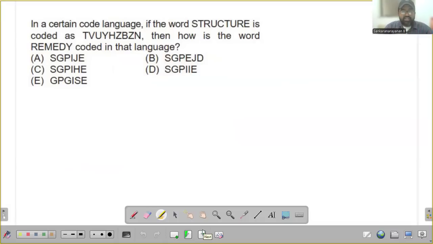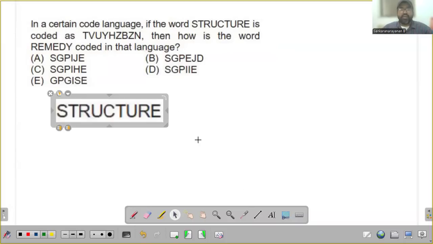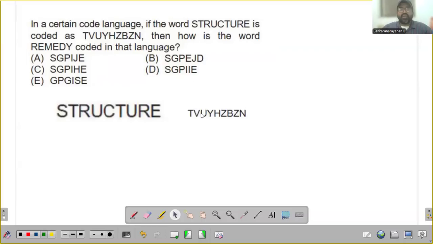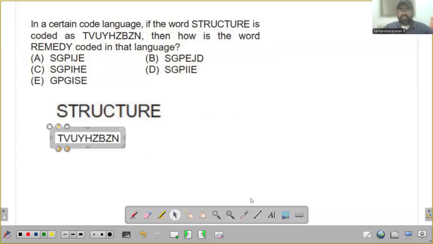Let us now consider the 9th question in this lot. Okay. So look at this word. Structure. It is getting coded as, observe this. So it's a very easy one.